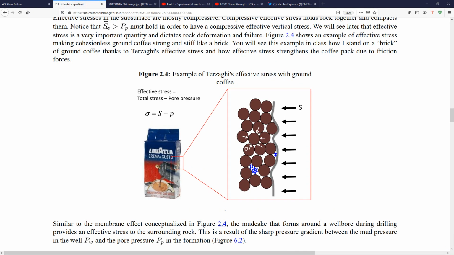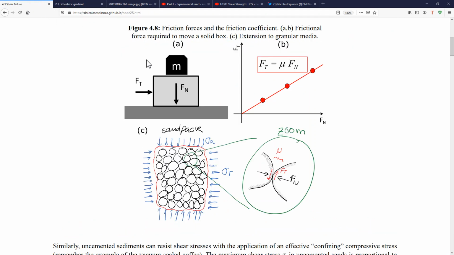Okay, what about if we do have any stress? Well, if we do have any stress, the sand, which is uncemented, suddenly is going to have some strength and is going to resist forces that are not going to allow the sand to deform until you get to this maximum value at which the sand will start to deform.